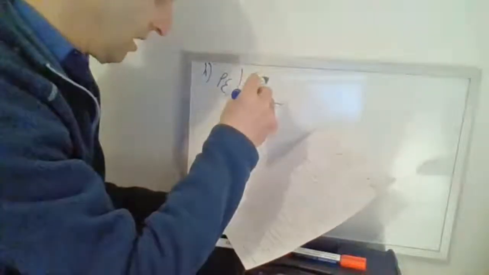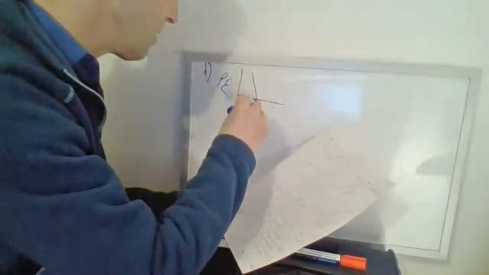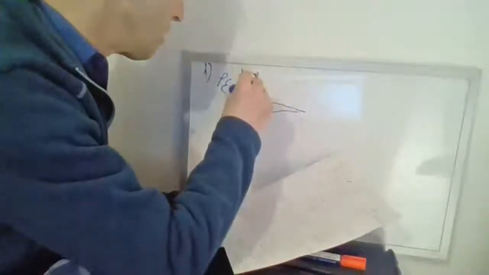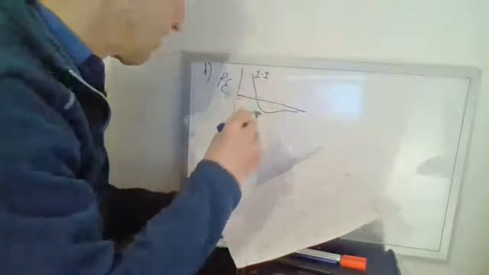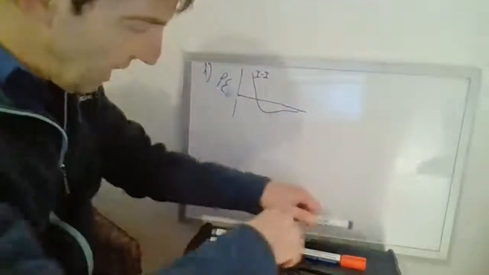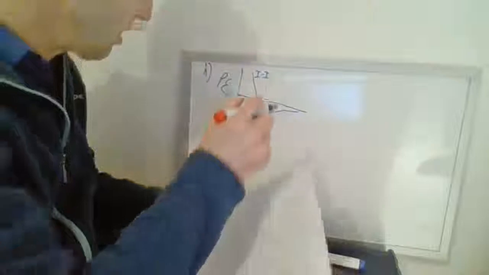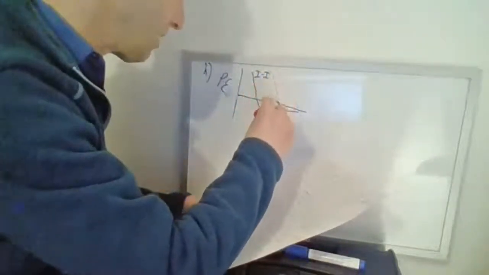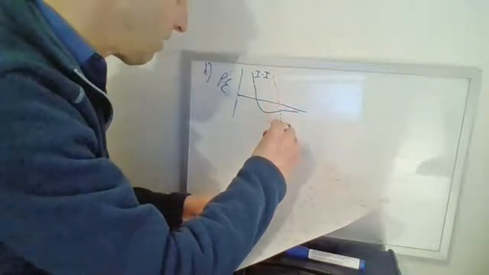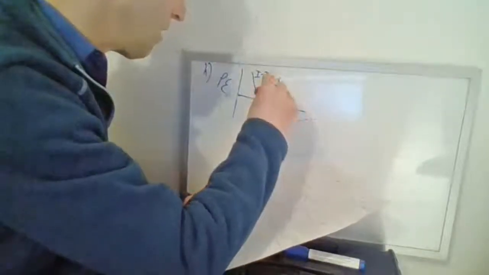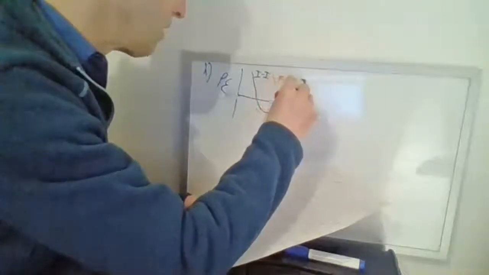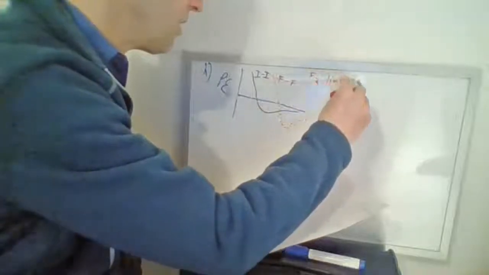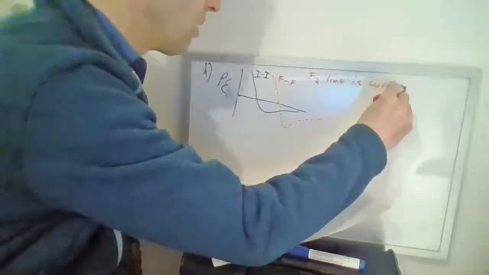It says this one is I2, and then this one that's dotted is F2. And they say the F2 line is wrong. Why?